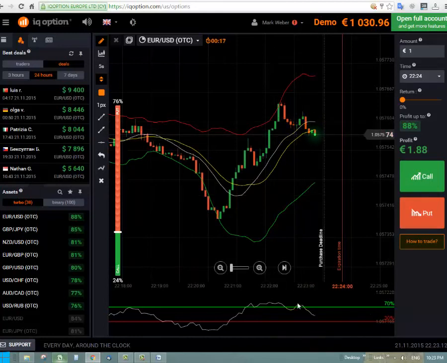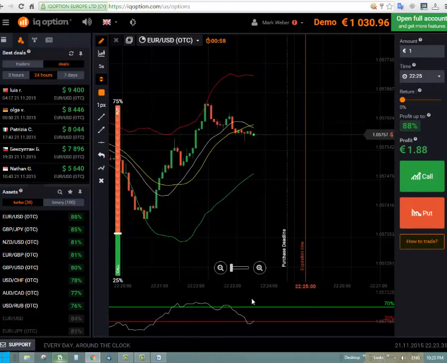Keep in mind the RSI indicator also, if it is overbought or if it is oversold. If it is overbought, then you will expect a downtrend. If it is oversold, you will expect an uptrend.